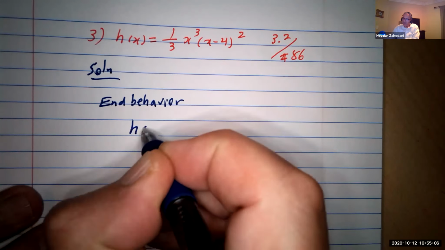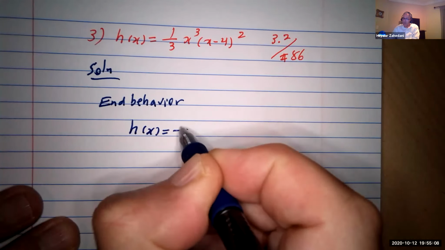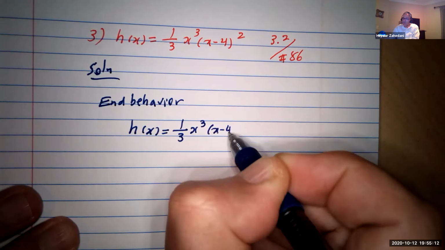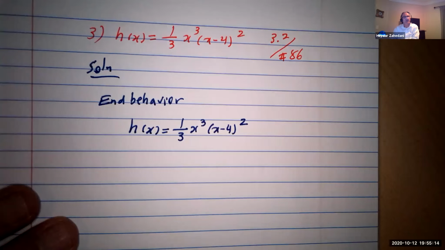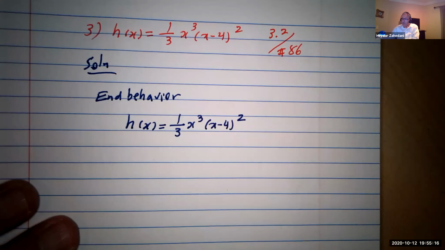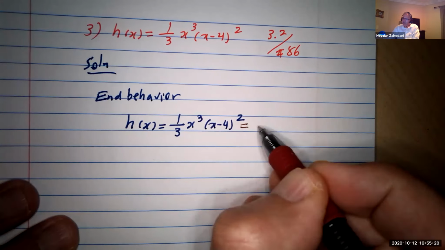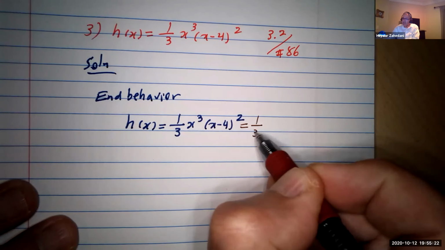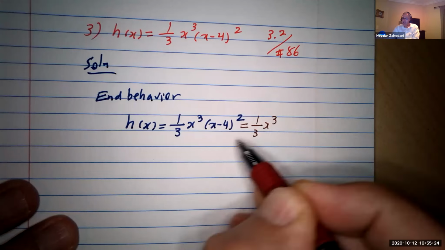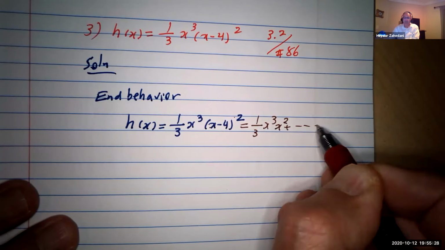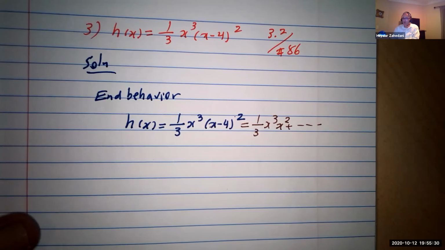So it's going to be h of x. We repeat it again: 1/3 x cubed times (x minus 4) all squared. Now we need the x with the highest power. The highest power of the first one is just as is. And the second part is going to be x squared plus something else that we are not interested in.